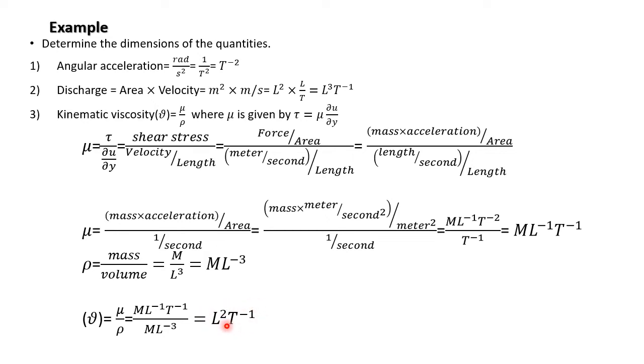In this fashion we have to find the dimension for any given quantity in the problem. If they have not given anything, or if you can't remember or are confused, then the best way is to write the unit, simplify it, and get the dimensions.